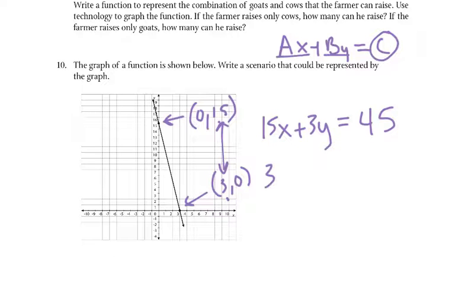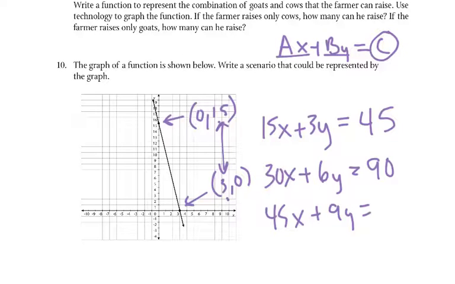So if I doubled it, I could have 30x plus 6y equals 90, or keep going to go 45x plus 9y would equal 135, or something so that when you divided you would get the right number. Okay? Or you could even go, I think 5x plus 1y would equal 15.